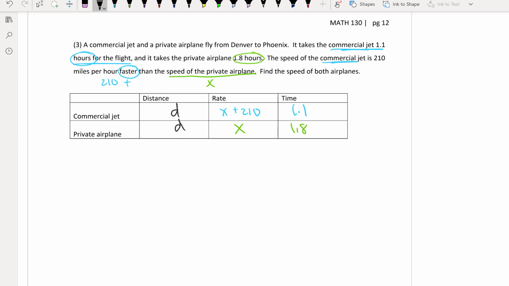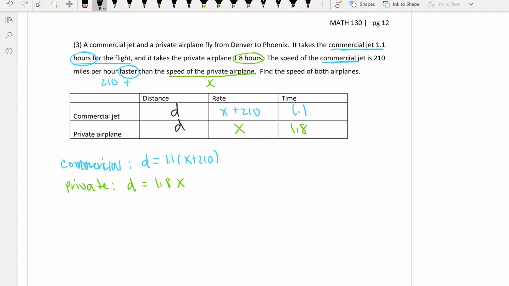And again, we have the exact same distance. So I know that my commercial jet is going a distance of 1.1 times x plus 210. And I have that the private plane is going to go d is equal to 1.8 times x.